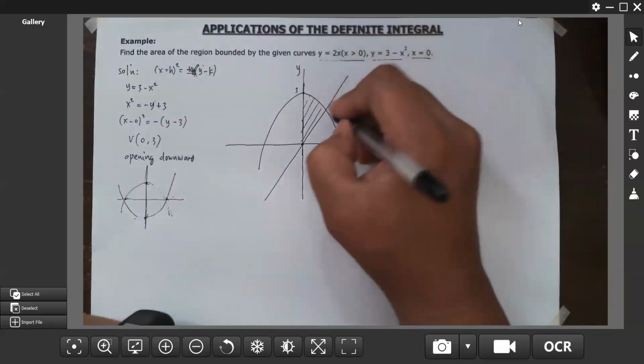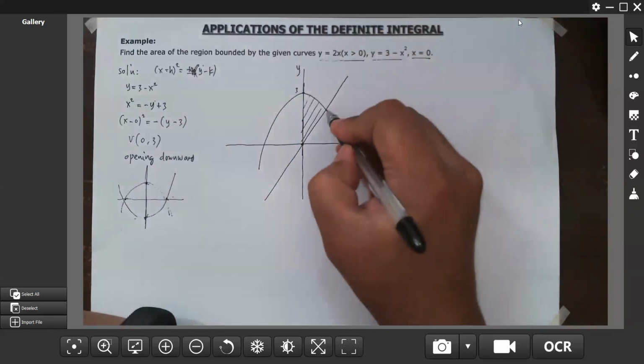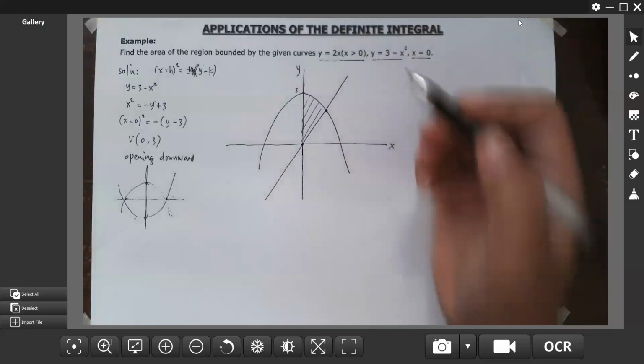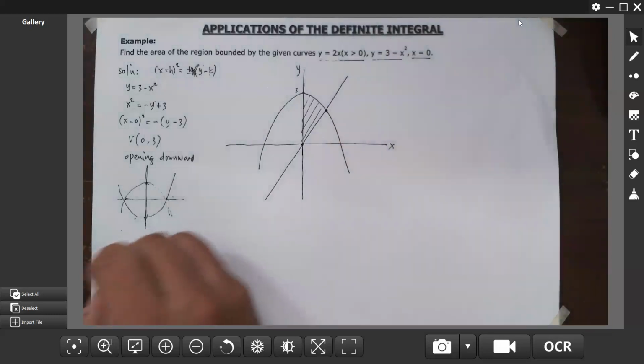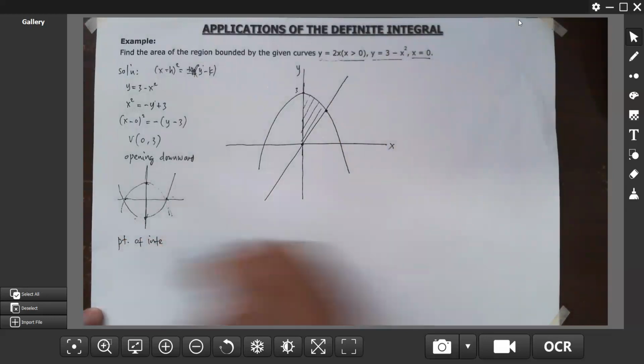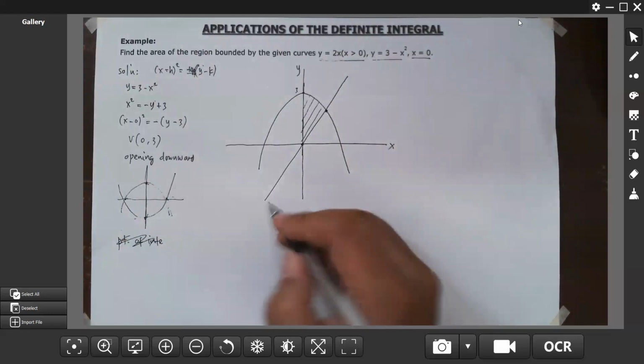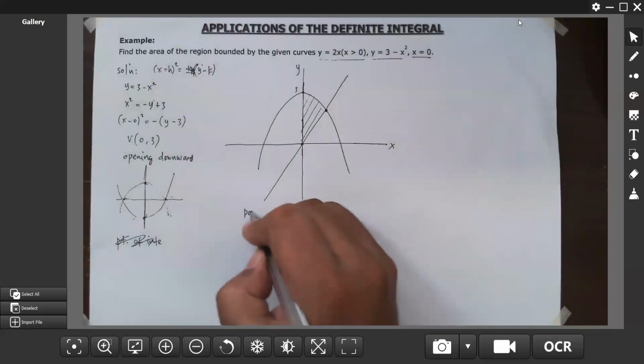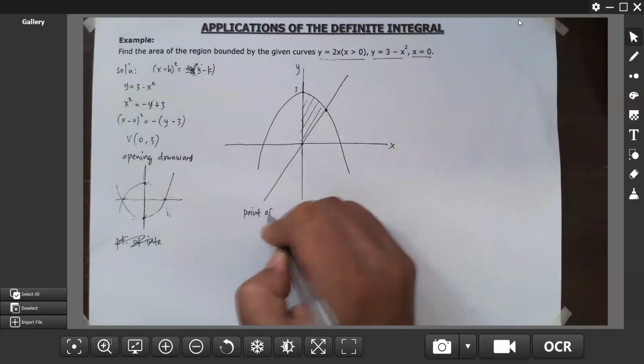But first, let us solve for the point of intersection.